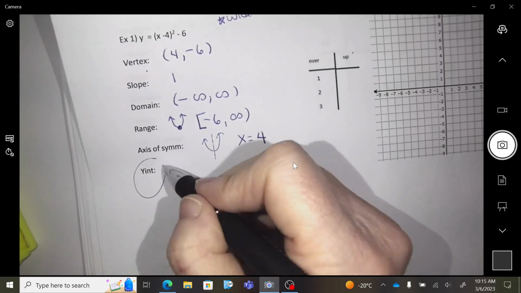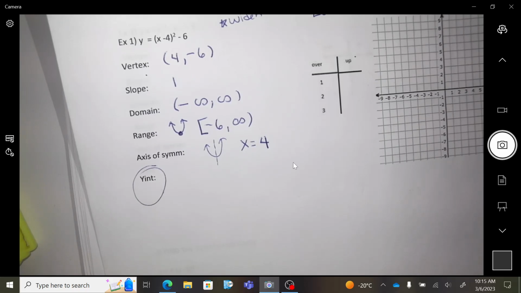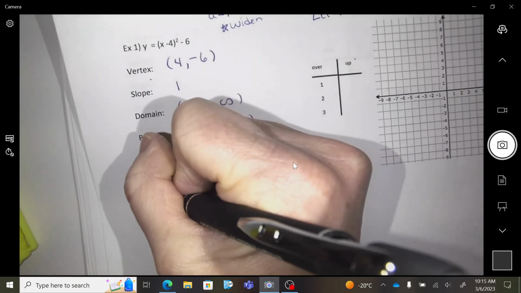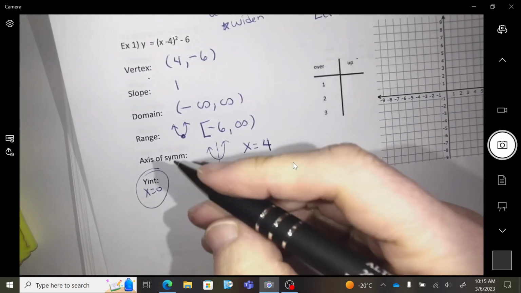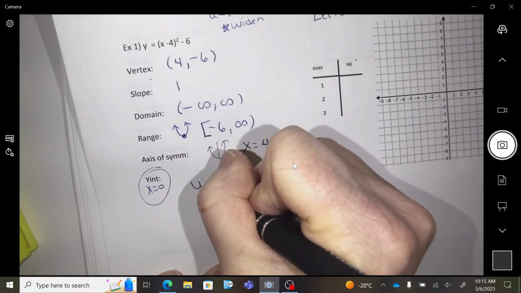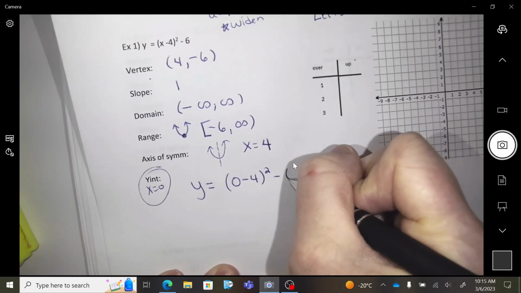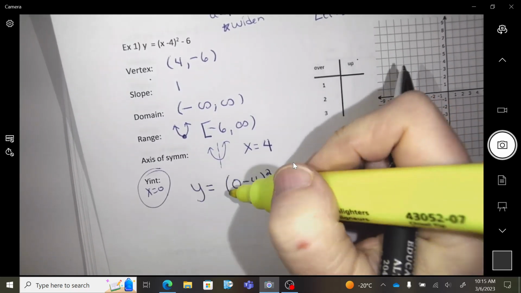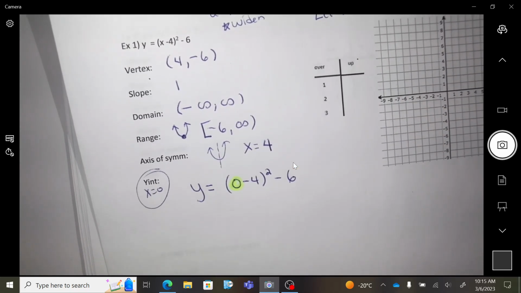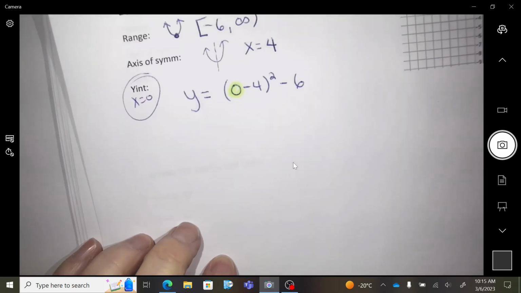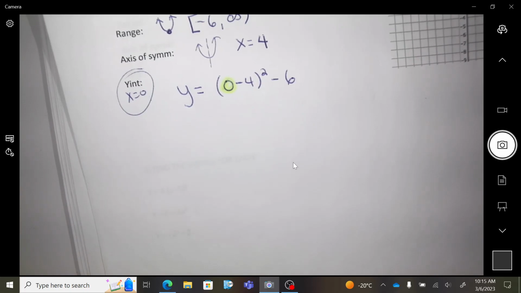Okay, what is the definition of a y-intercept? Where x equals 0, so that's what you're doing. So y equals 0, subtract 4 squared minus 6. So you told me to say x equals 0, so I put a 0 in place of the x in the equation.